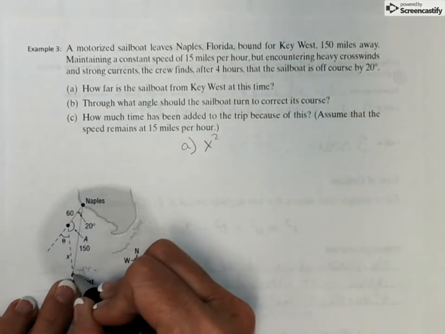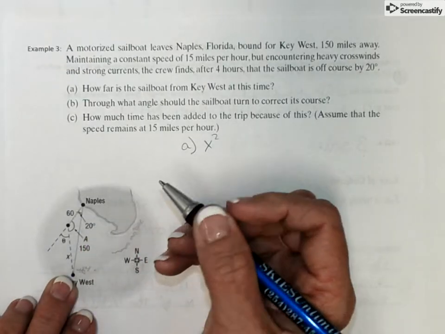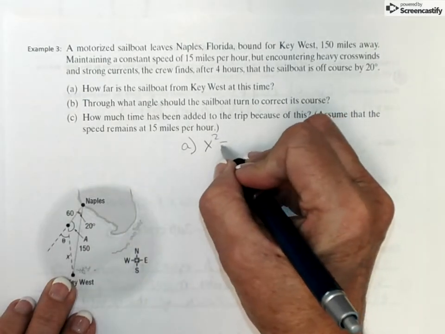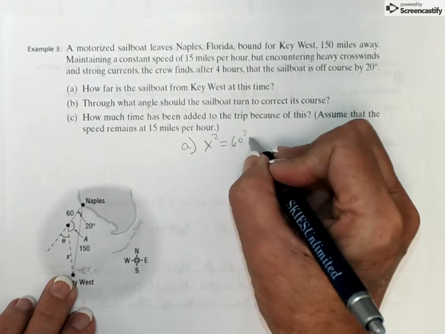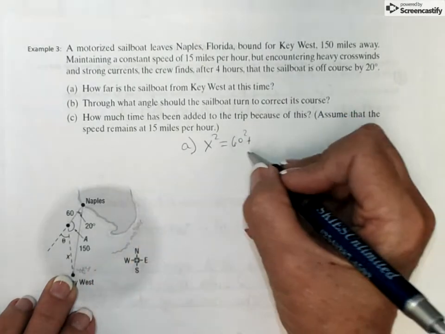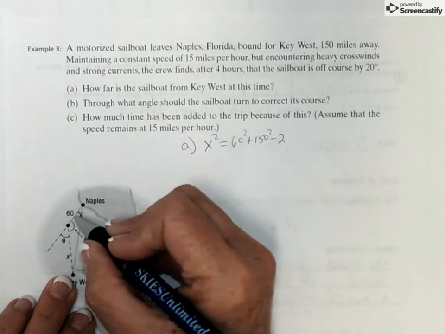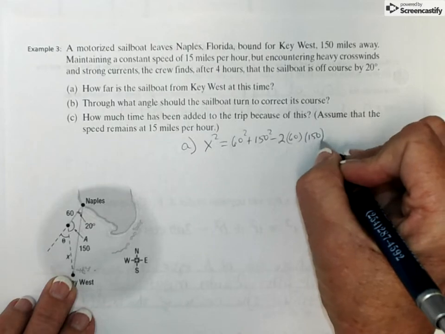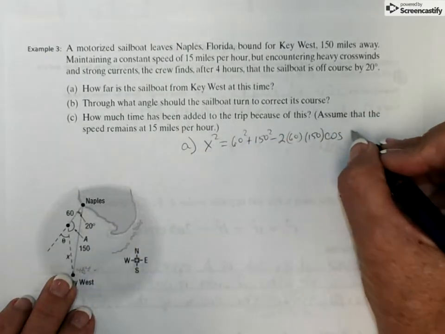I have to have the angle across from the side I'm trying to find, which is 20 degrees. So x squared equals 60 squared plus 150 squared minus 2 times 60 times 150 times the cosine of the angle that goes with x, which is 20 degrees.